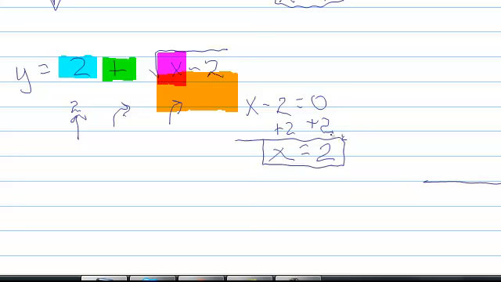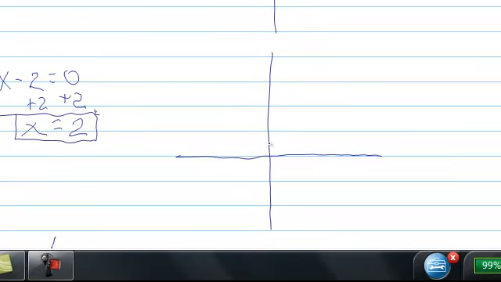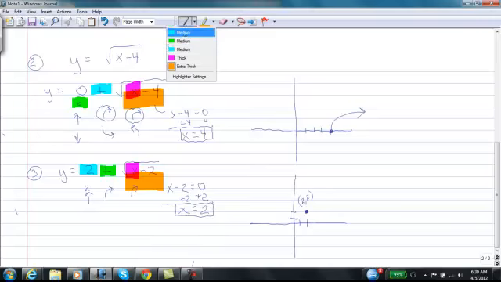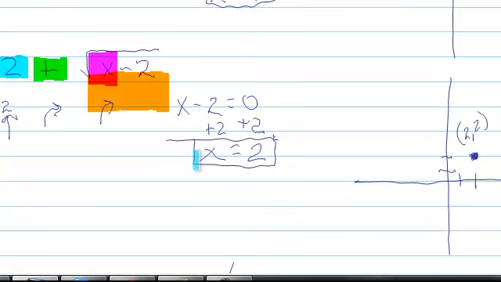Let's start. We shifted up 2. So the 1, 2. We shifted to the right 2. So 2 comma 2. I'm going to write that in here. 2 comma 2. If you don't remember, 2, 2.